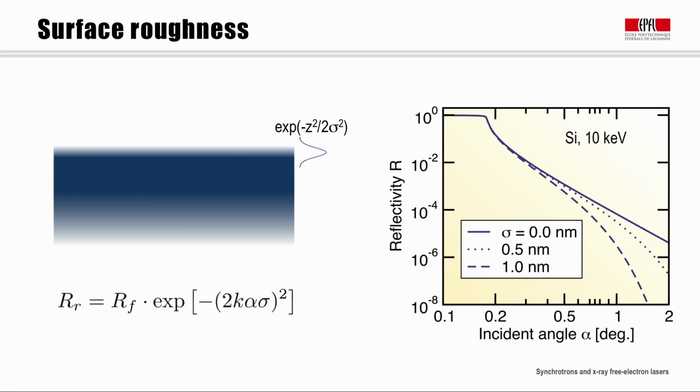In other words, the reflectivity curve of the perfectly flat surface multiplied by the Fourier transform of the roughness function. The example on the right shows the reflectivity of silicon for 10 kiloelectron volt photons as a function of angle and surface roughness.